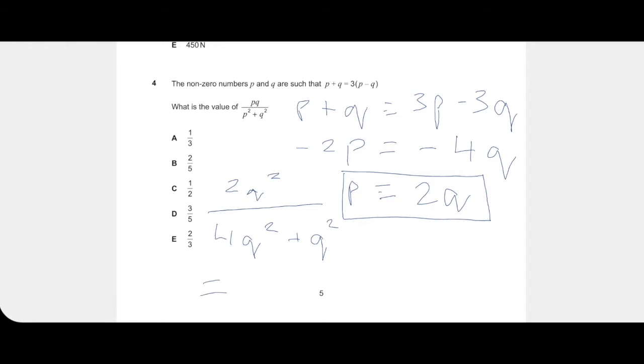That goes to 2Q squared divided by 5Q squared. Straight away you could eliminate the Q's. That leaves you with the answer of 2 over 5. And therefore the answer is B. And that's question number 4 completed.